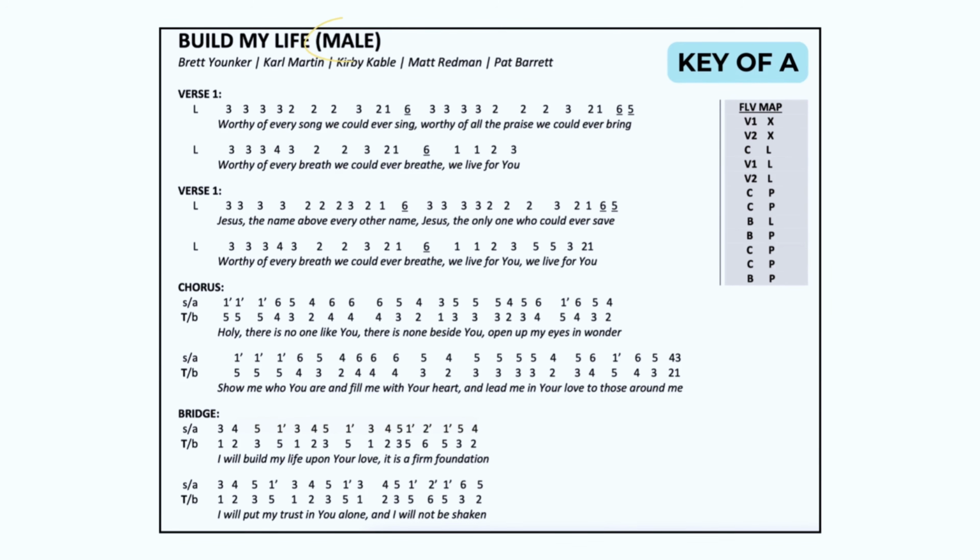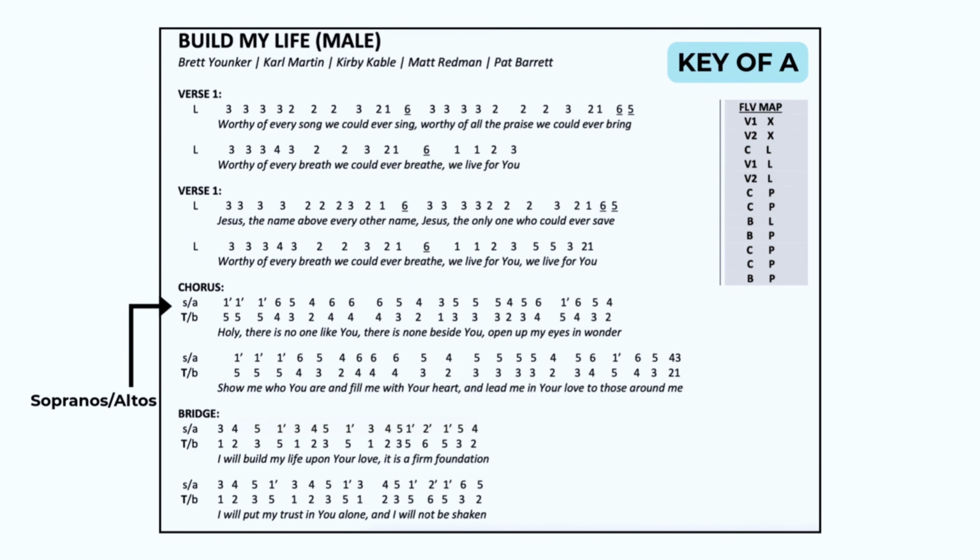Let's look at Build My Life, male-led in the key of A. The tenors have the lead and start on a 5. 5, 5, 5, 4, 3, 2, 4, 4. And then the sopranos and altos are singing the 1, which is an A, an octave higher.